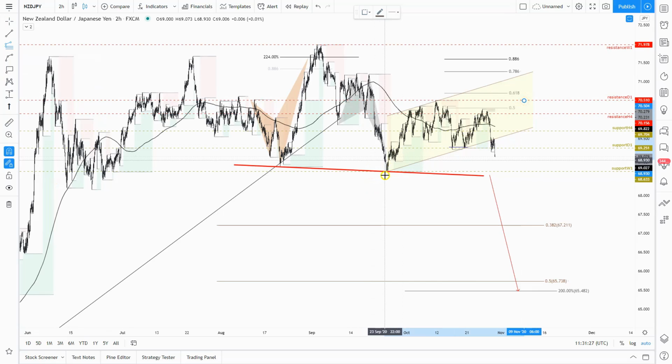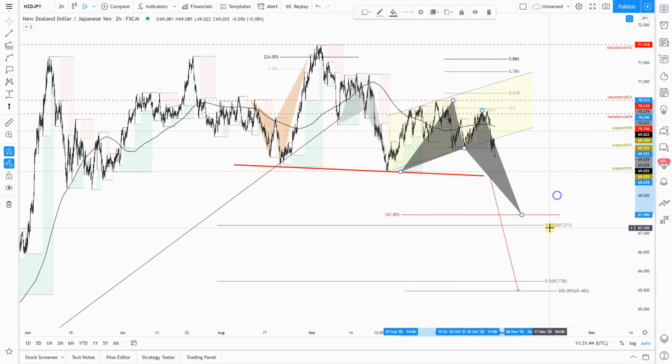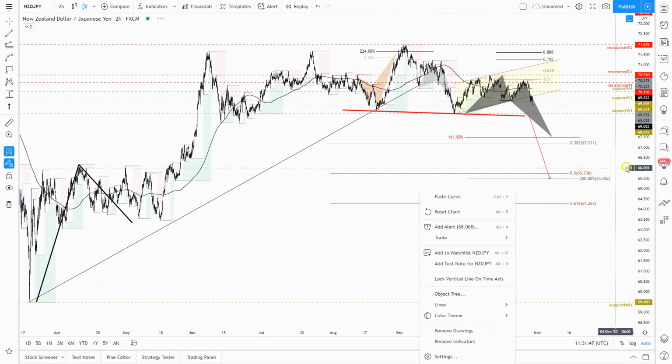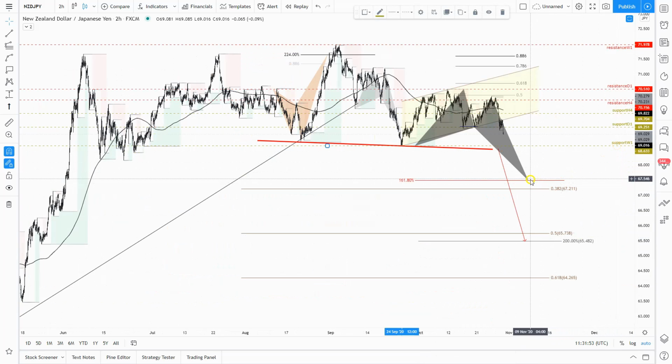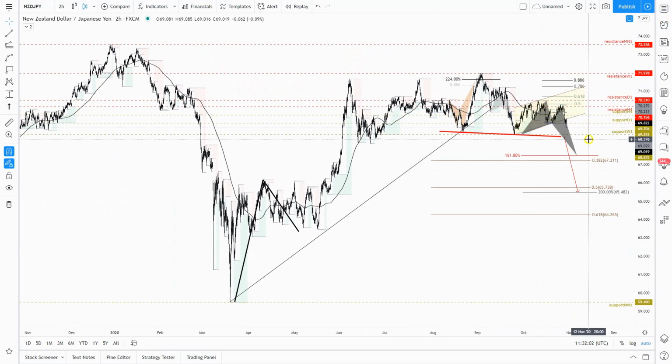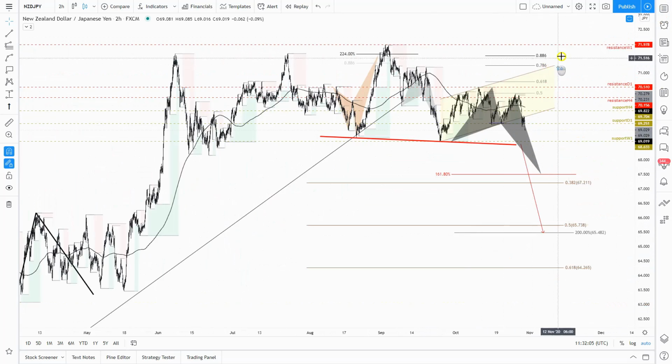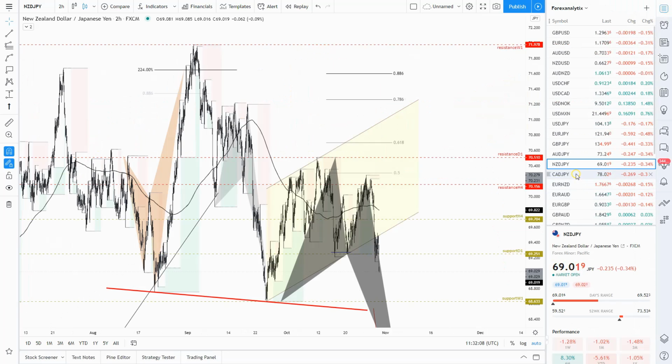An extension of the very last swing high from this consolidation period to the golden Fibonacci will put the price trading at a 38% fib, or very close to that level. Okay? But first of all, we need to see a violation of this weekly fractal support. This is the crab pattern projected at the 38% fib. Huge room for a fall for the New Zealand versus the yen long term.